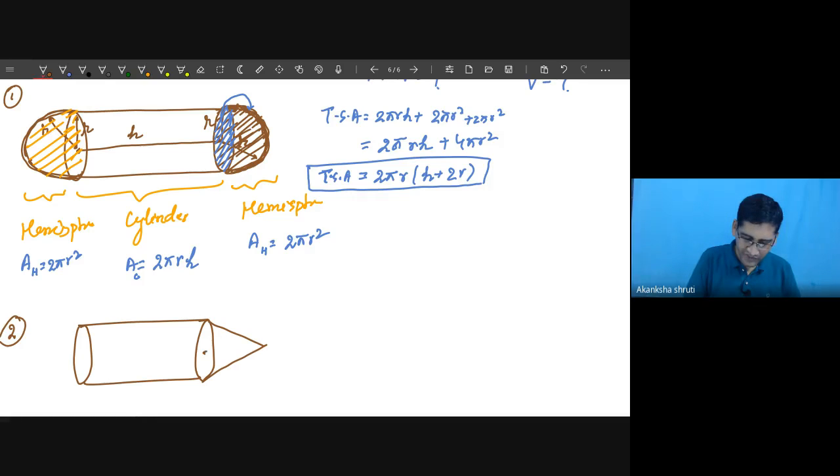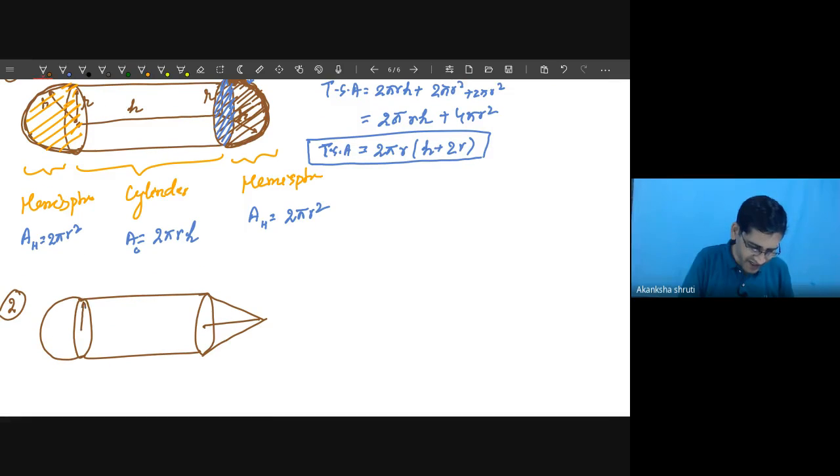A cone is there. And at the other end, maybe a hemisphere is connected, or it may be left as it is, or maybe one more cone could be there. Let me connect the hemisphere. It's very easy. The same radius r is here. This may be the HC, the height of the cone. This is our H of the cylinder.